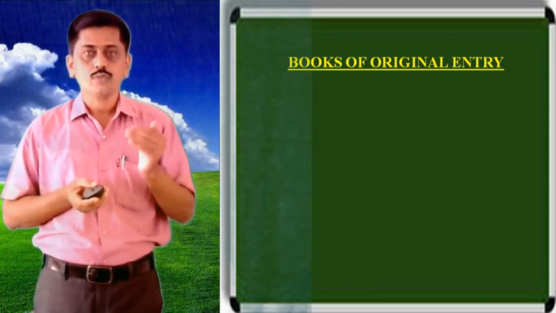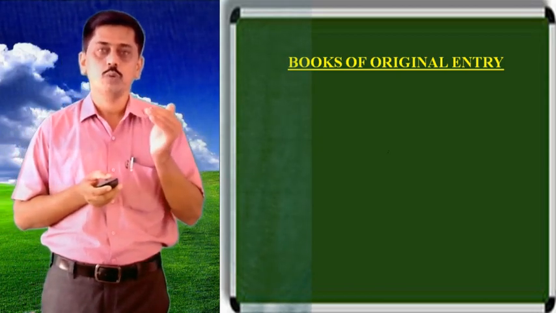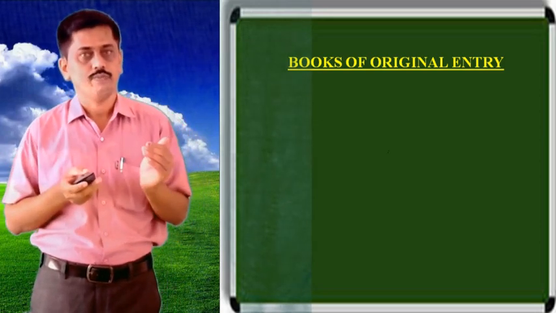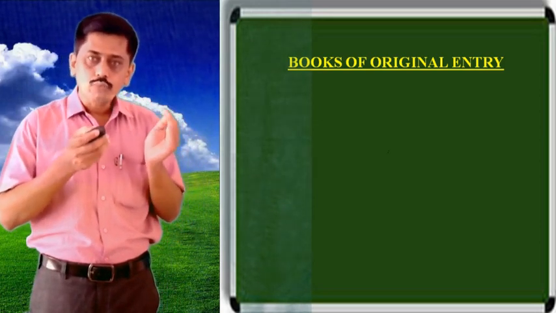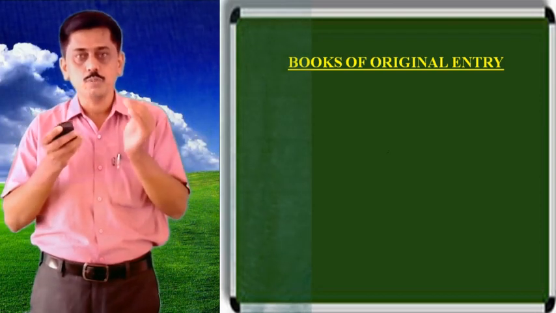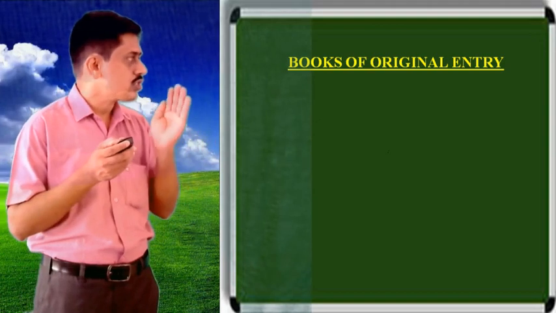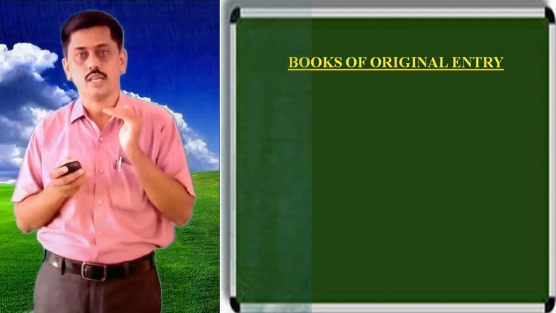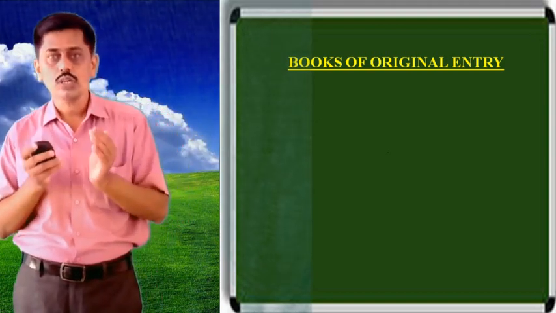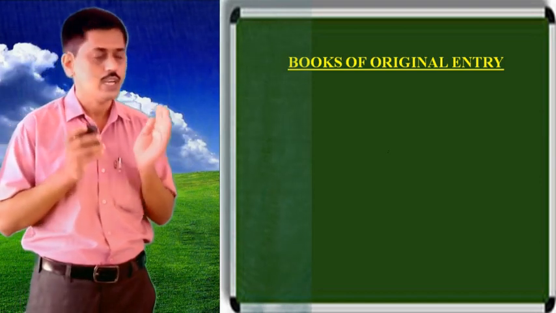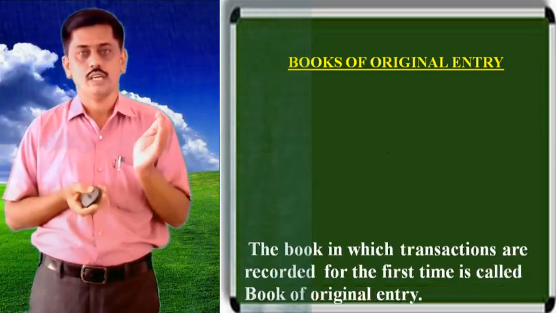Let us discuss first the books of original entry. What does it mean? Books of original entry refers to the book wherein the transactions are recorded for the first time.